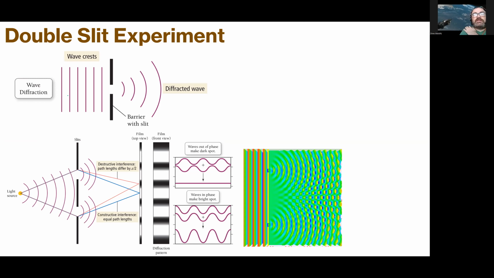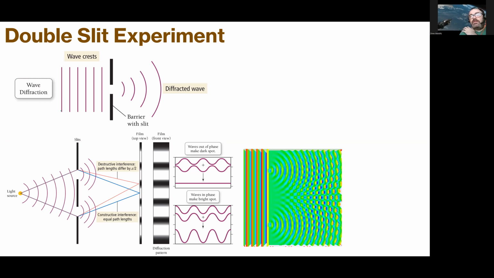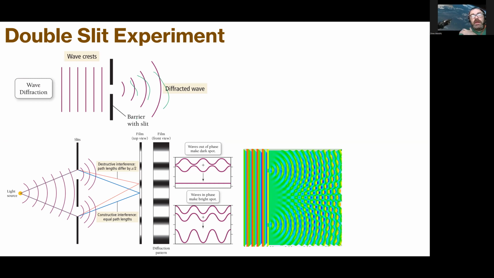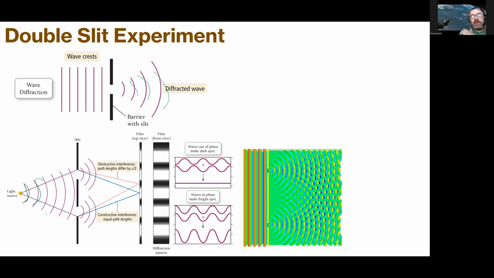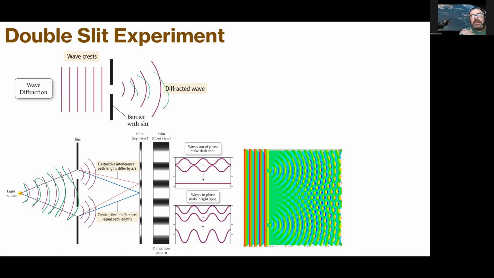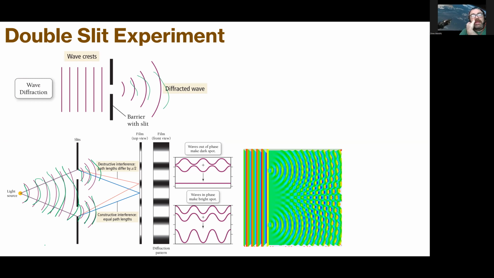And since this would be more like a water wave, you can hit here and then the water wave curves out as you go, diffracted out. If you have a light source, then the waves are a little bit curved when you start, okay? And when you hit the double slits, each slit starts a new wave front, okay?